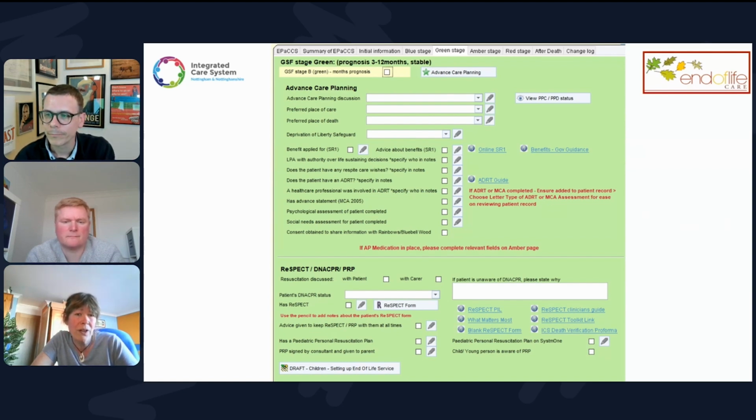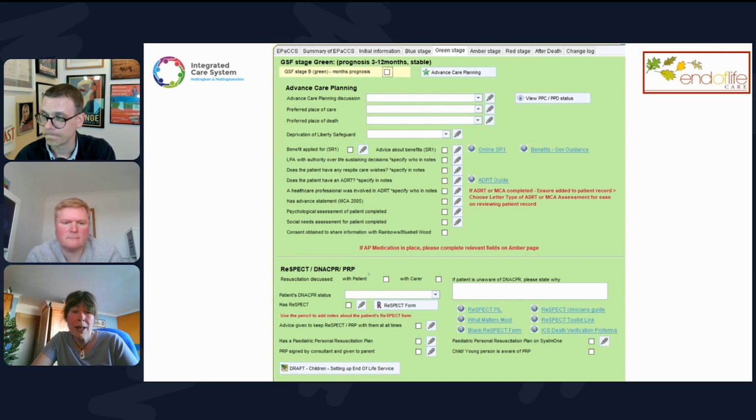So it's something that we need to be aware of, and always think about the carer, often informal, often not coded. So they need to be on our radar. But ideally, we'd be having our advance care planning conversations with that carer in the room. So that's a great opportunity to ask them how things are going.